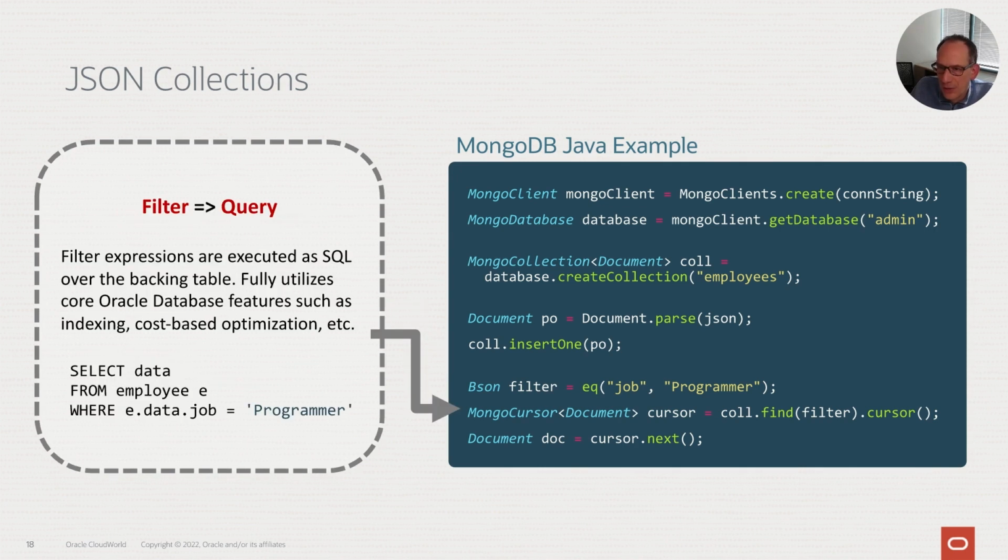And a filter expression is what we typically call a query. This is exactly what we're going to do in our Mongo API: if the user connects from a Mongo tool or driver and issues these commands, we will automatically run the equivalent SQL command that is needed to execute this operation. Perfect.